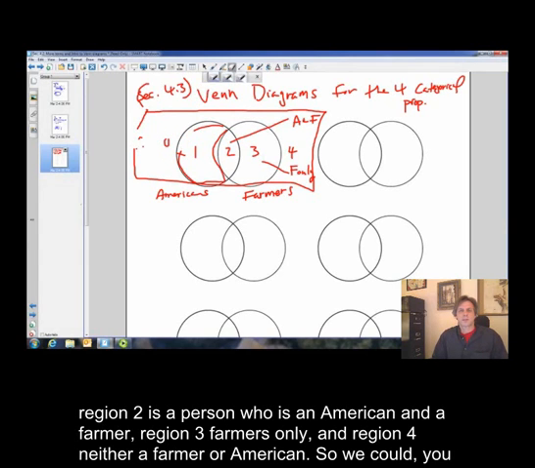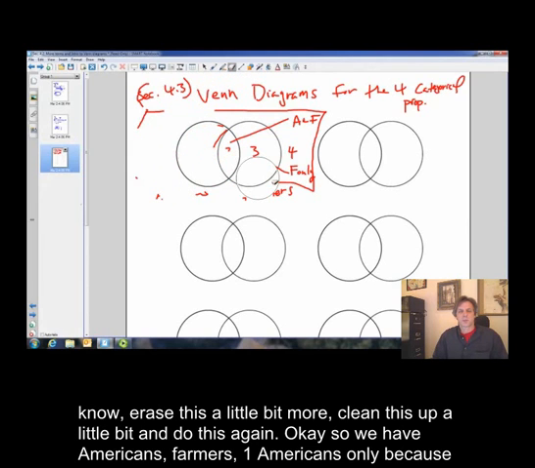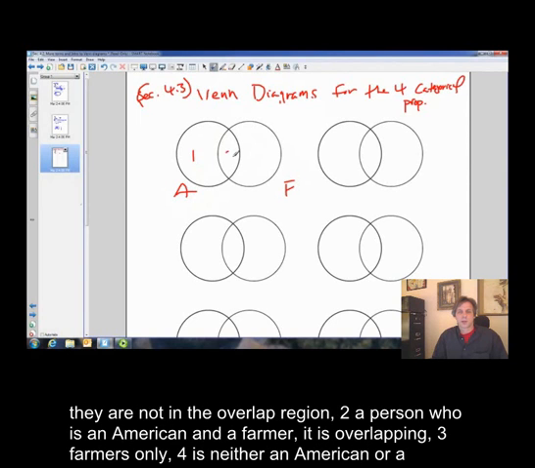So let's clean this up a little bit and do this again. Okay, so we have Americans, farmers. 1, Americans only, because they're not in the overlap region. 2, a person who's an American and a farmer. It's overlapping, right? 3, farmers only. 4 is neither an American nor a farmer.